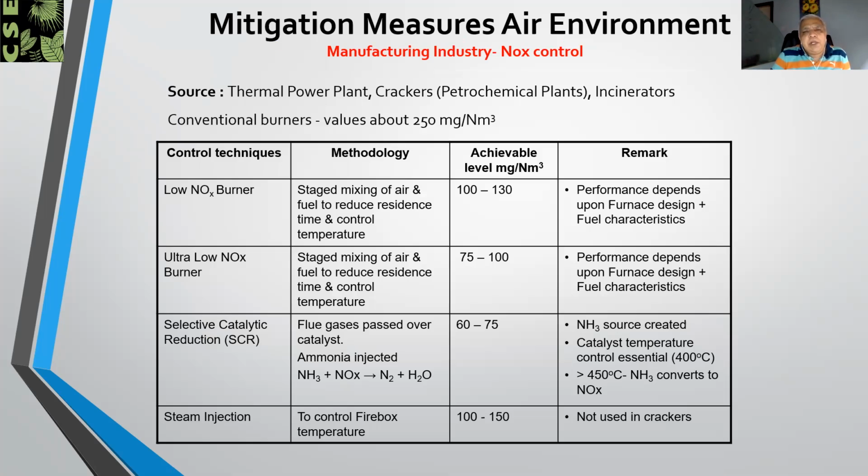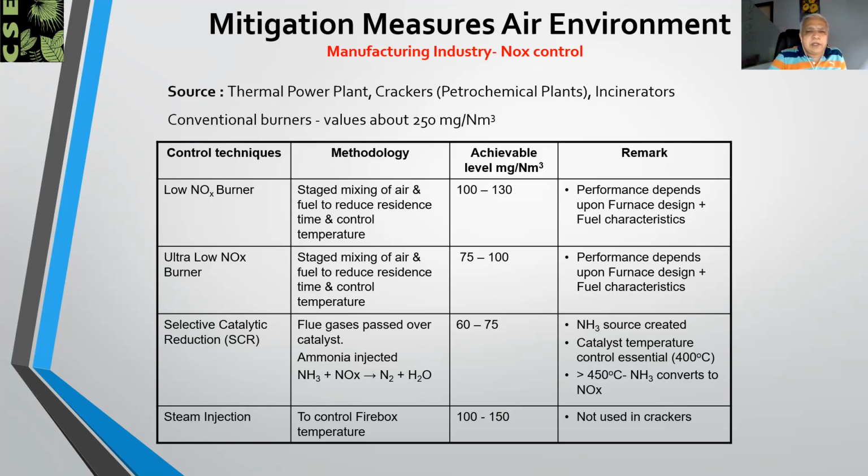Now, similarly, in case of NOx control, a thermal power plant or a cracker in a petrochemical plant or incinerators using conventional burners will have a NOx level of about 250 to 500 milligram per normal meter cube. But when we go in for low NOx burner, which may be of two, three different types, one may be low NOx or ultra low NOx burner, we may get levels reduced from 250 to 100, or maybe even 75 milligram per meter cube.